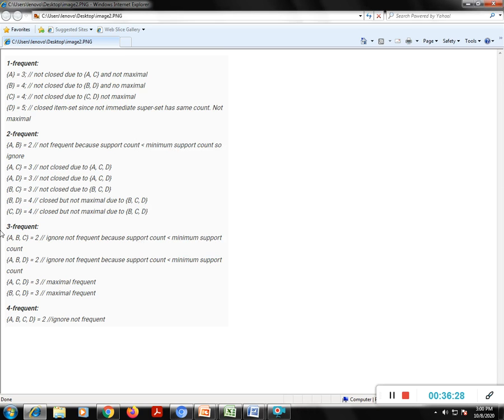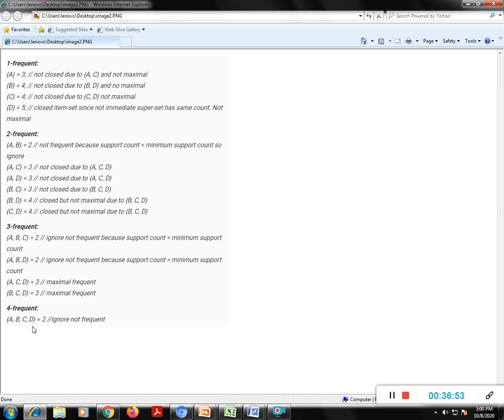And how are you going to calculate the maximal frequent? If we are talking about ACD, ACD is a maximal frequent. Why? Because ABCD is not frequent, since its value is 2, which is less than the minimum support.